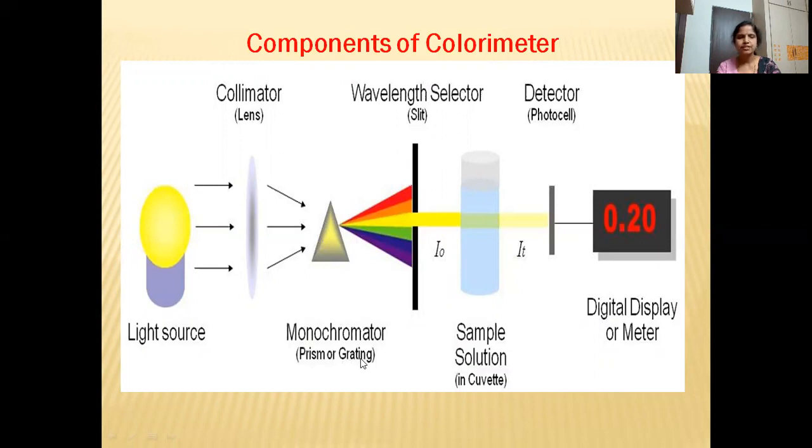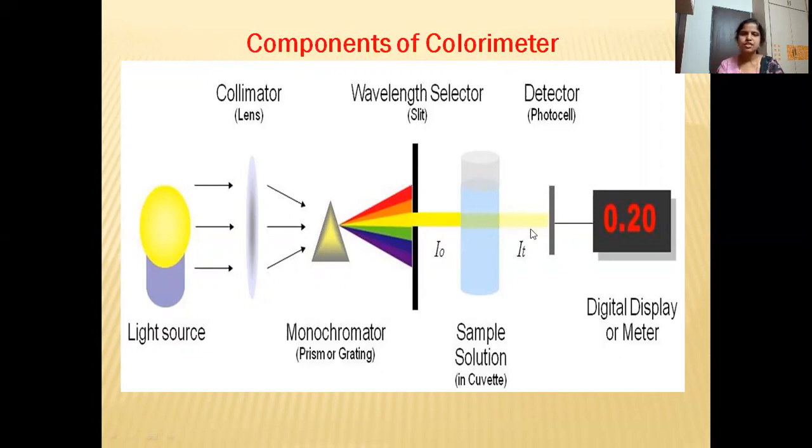What it does is give out only one particular wavelength. Among all these colors, only yellow color is being passed into the sample solution. So for selecting only one particular wavelength of light, monochromators are used. When the light falls on the sample, some of the light is absorbed and some is emitted out.